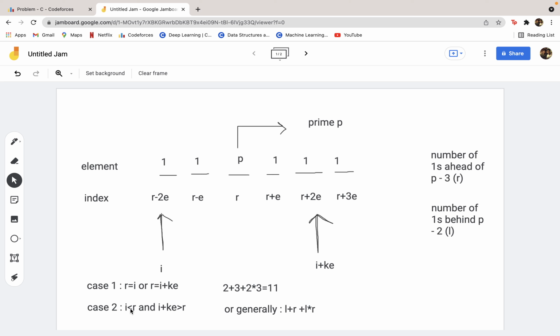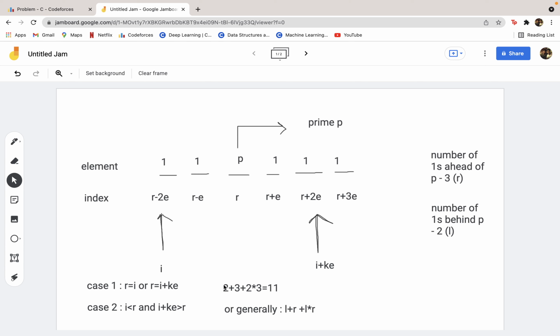Now the second case would be when the bounds are on either side of our prime number p. So the pairs would be of the form r minus e, r plus e; r minus e, r plus 2e. Basically using our counting principle, the number of pairs that we would be able to form would be equal to the product of the number of ones on either side of p, which in our case would be 2 times 3, that is 6.